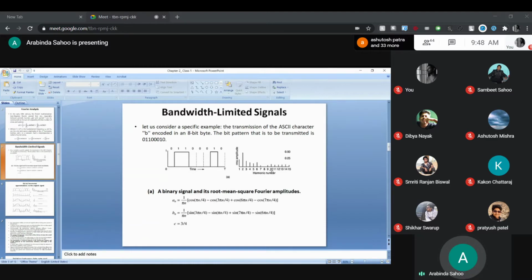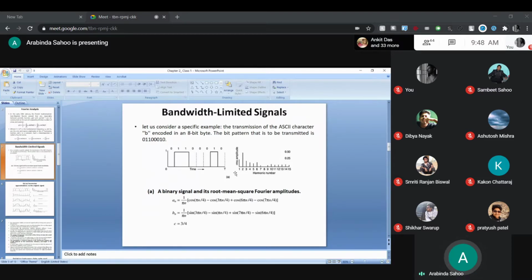So if the higher harmonics don't contain any information, consider passing this signal through a channel like a cable or a fiber optic cable. Basically, all channels pass only certain harmonics. Suppose a good quality cable may pass up to harmonic number 10, and a bad quality cable may pass harmonics only up to harmonic number 3.